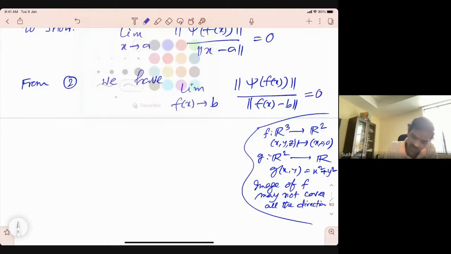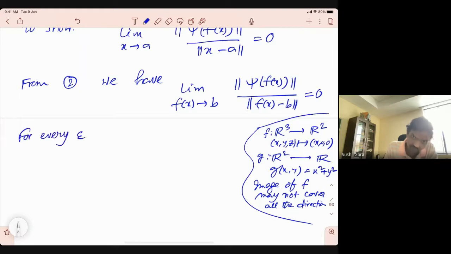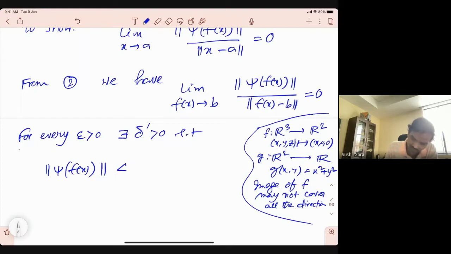Now this limit, let me write it in terms of epsilon delta. So for every epsilon greater than 0, there exists delta prime greater than 0 such that norm of fx minus b less than delta prime implies norm of psi of fx is less than epsilon times norm of fx minus b.